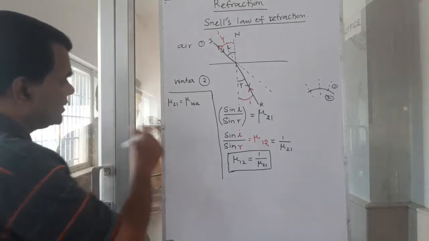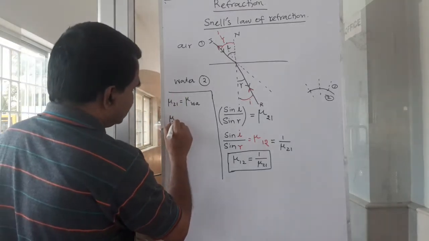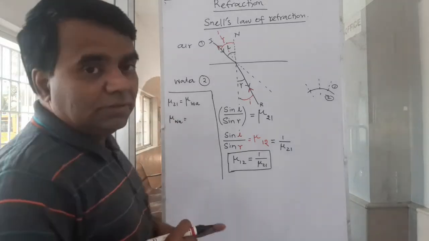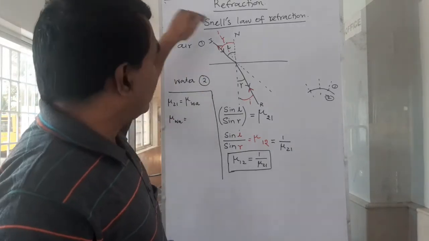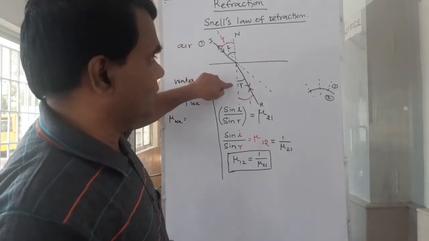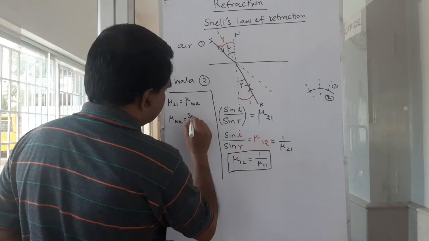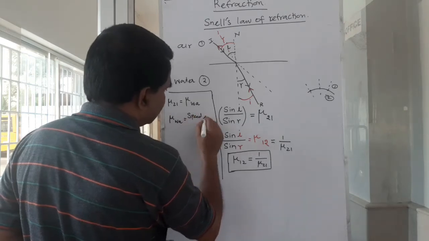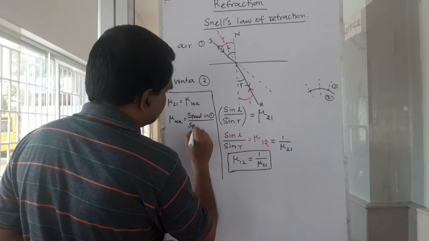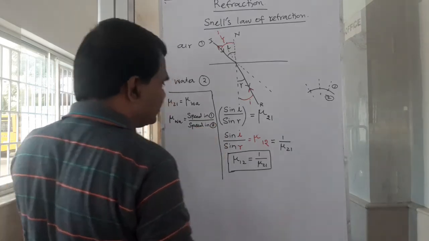So mu water air is equal to the speed of light in air divided by the speed of light in water. The speed of light in 1 is divided by the speed in 2.